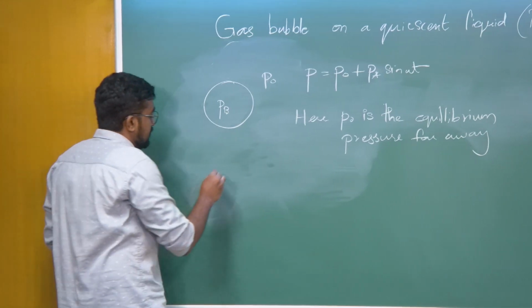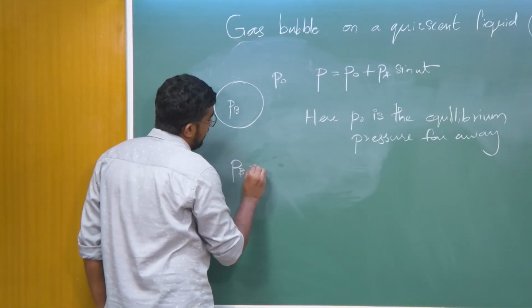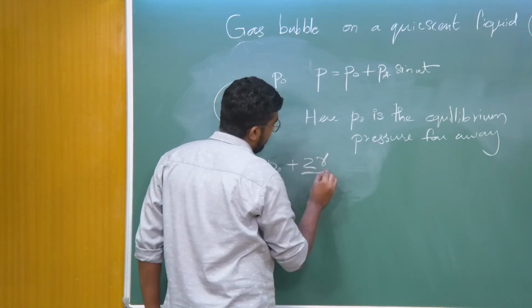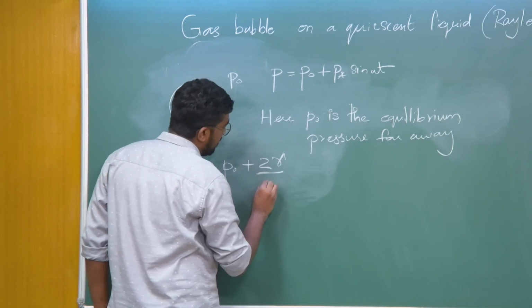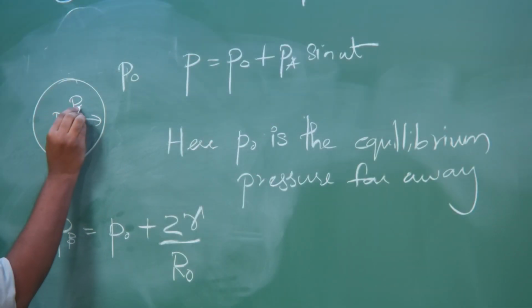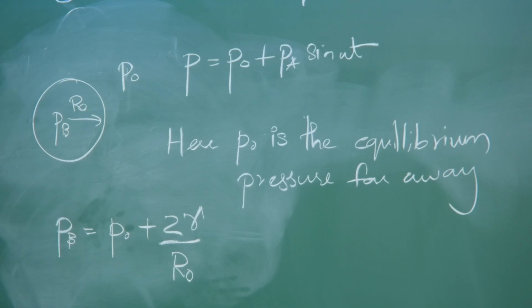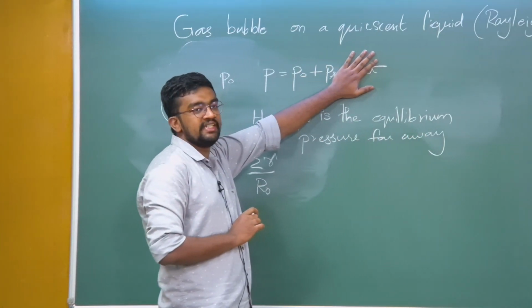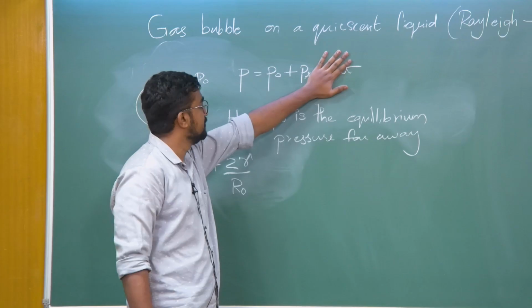Pb will be given by P0 plus 2 gamma by R0, where R0 is the initial radius of the bubble. Is this clear? It's the simple Young-Laplace equation. We did a normal stress balance at the initial condition where there is no pressure oscillation.